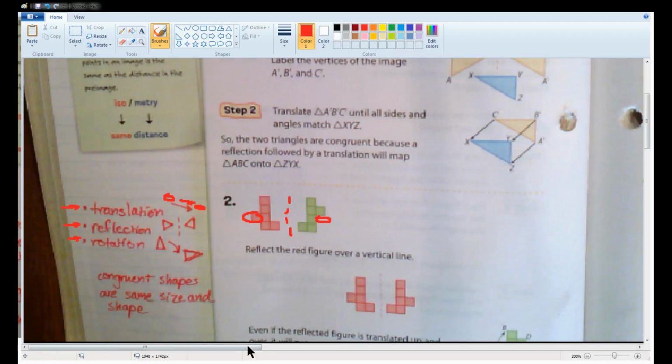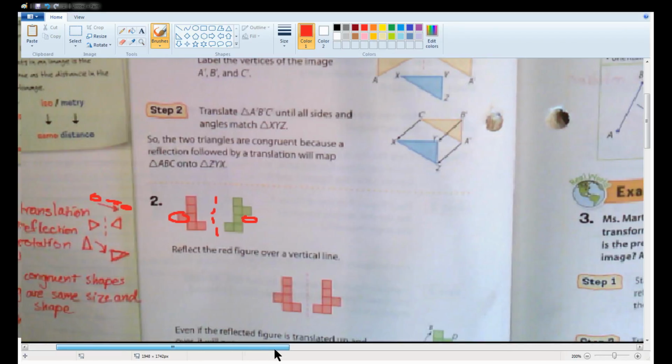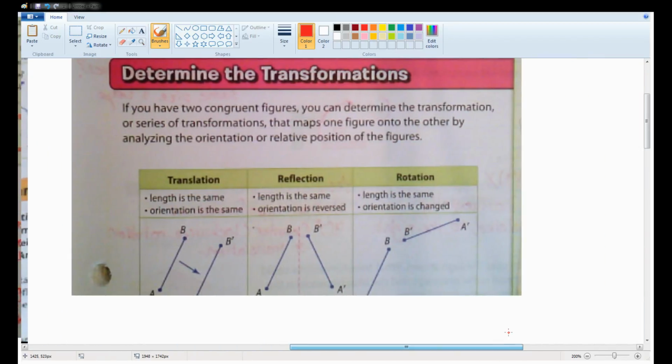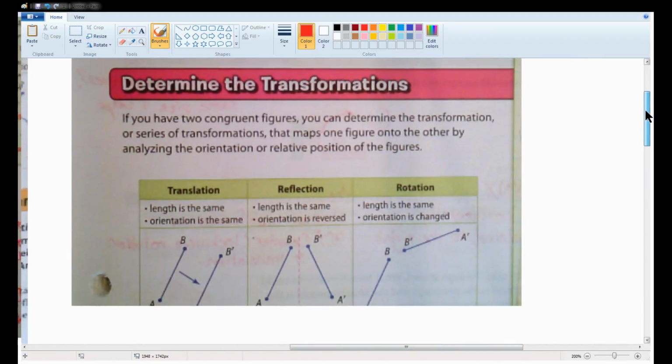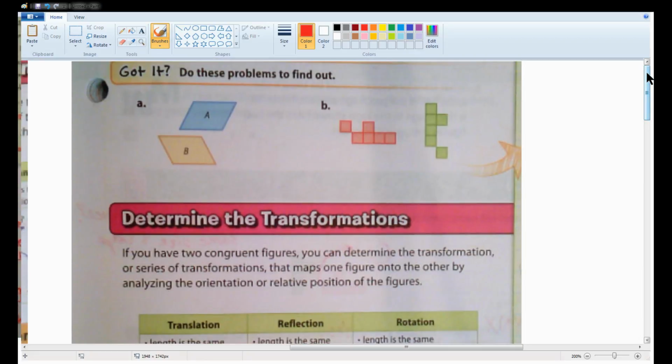So now let's take a look at two samples for you to try at home. Problem A. Are these two parallelograms congruent? Yes or no? You should have said yes. Yes, they are congruent.